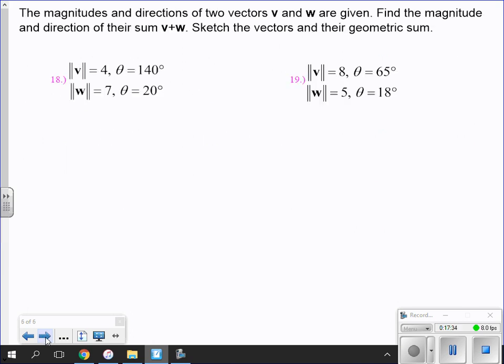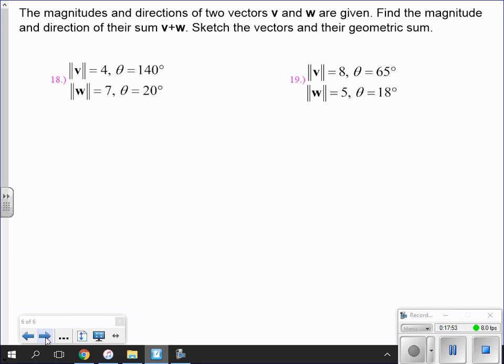Okay. And last page on here. The magnitudes and directions of two vectors v and w are given. Find the magnitude and direction of their sum, v plus w. Sketch the vectors and their geometric sum.